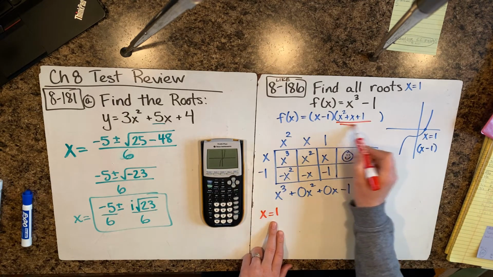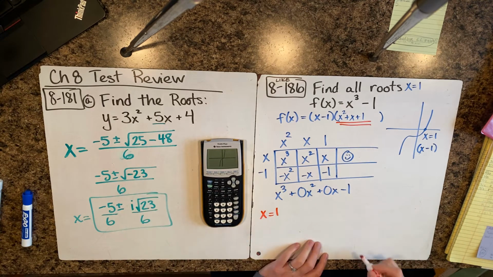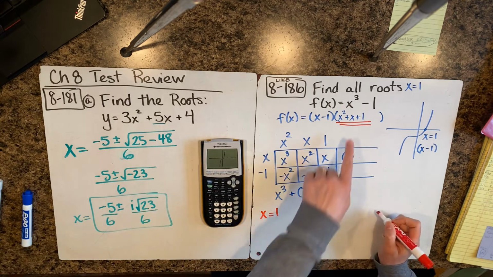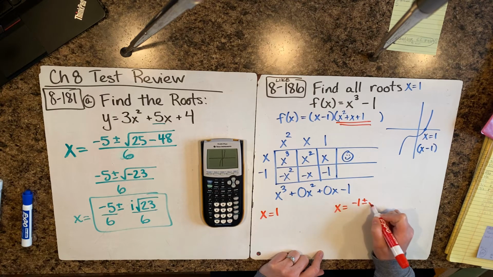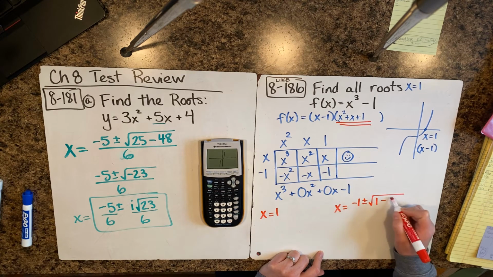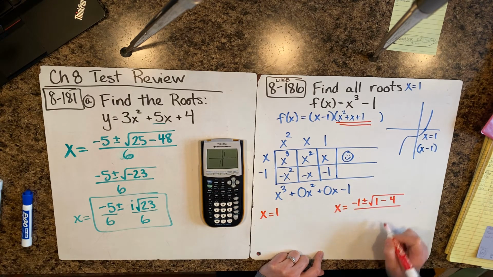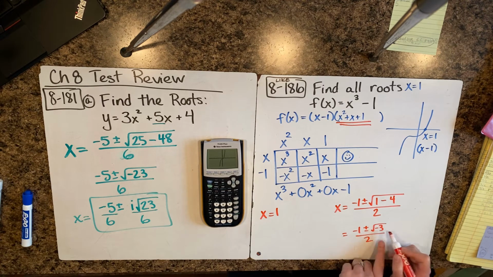The way I find the other 2 roots is to use the quadratic formula. So quadratic formula, opposite of b plus or minus the square root of b squared minus 4ac all over 2a. So I get negative 1 plus or minus the square root of negative 3 over 2. Remember, the negative inside of a square root pops out and it becomes imaginary, or i.